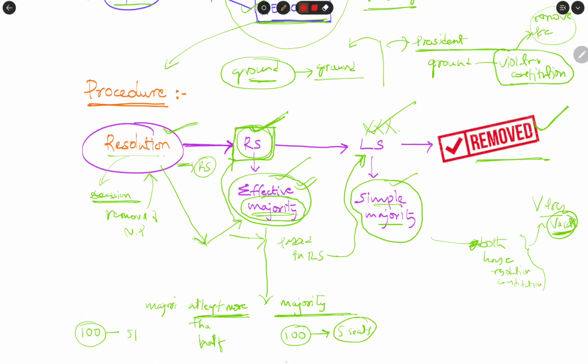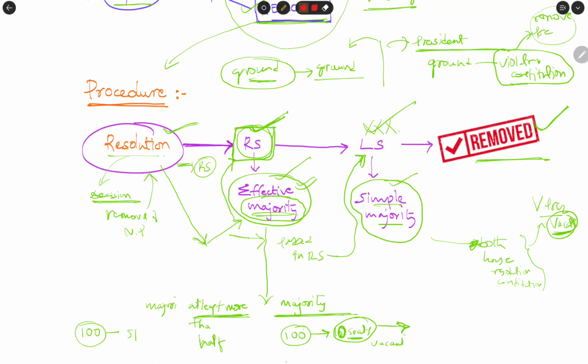It may be because of death, an election being voided, or resignation. Those seats are not filled. Okay, let's take 10 seats for easy calculation. 10 seats are vacant.